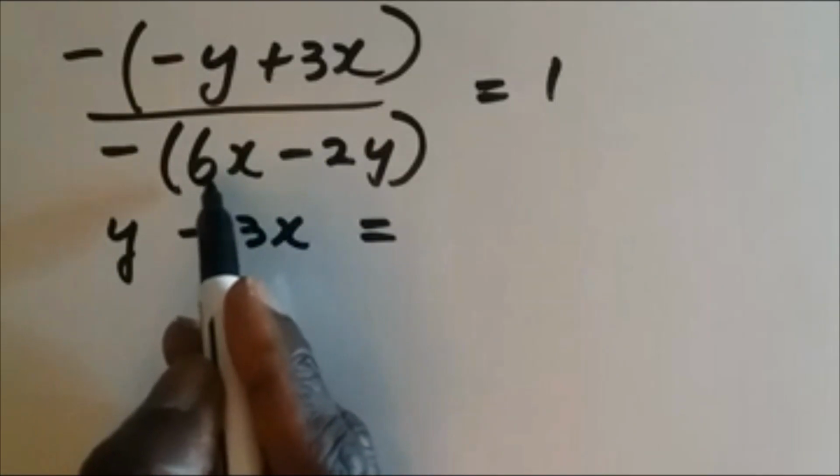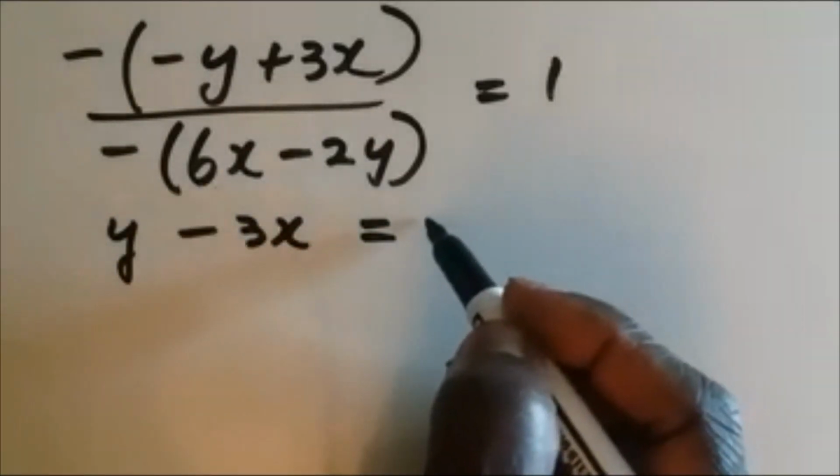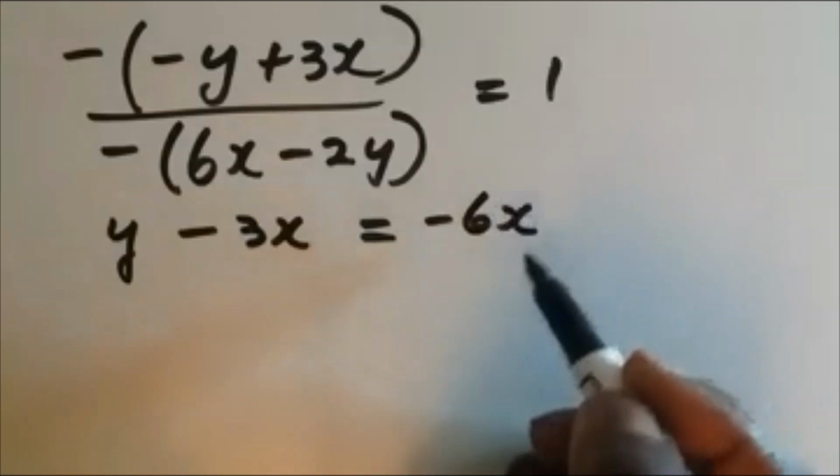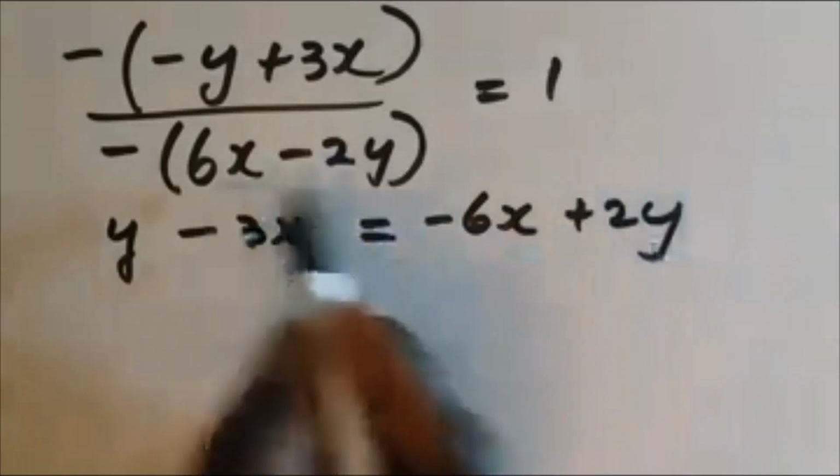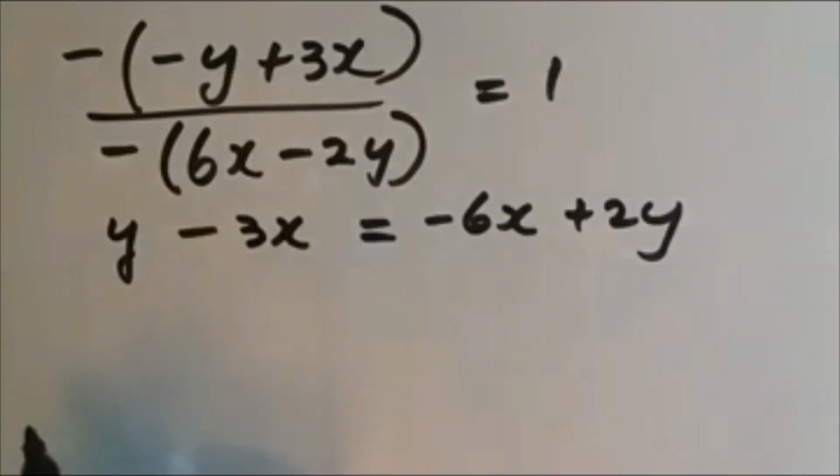So we'll clear the brackets to get minus 6x, add 2y, and anything multiplied by 1 is that actual thing.